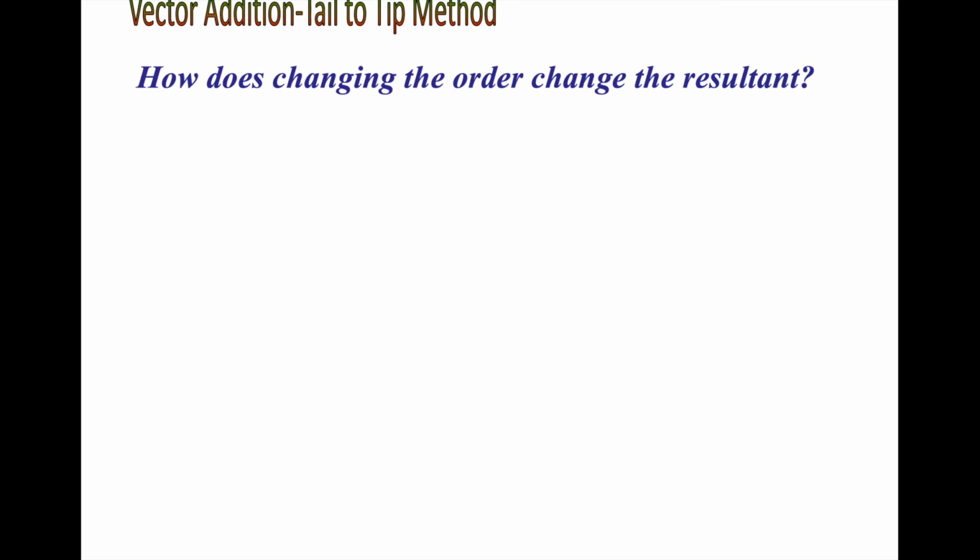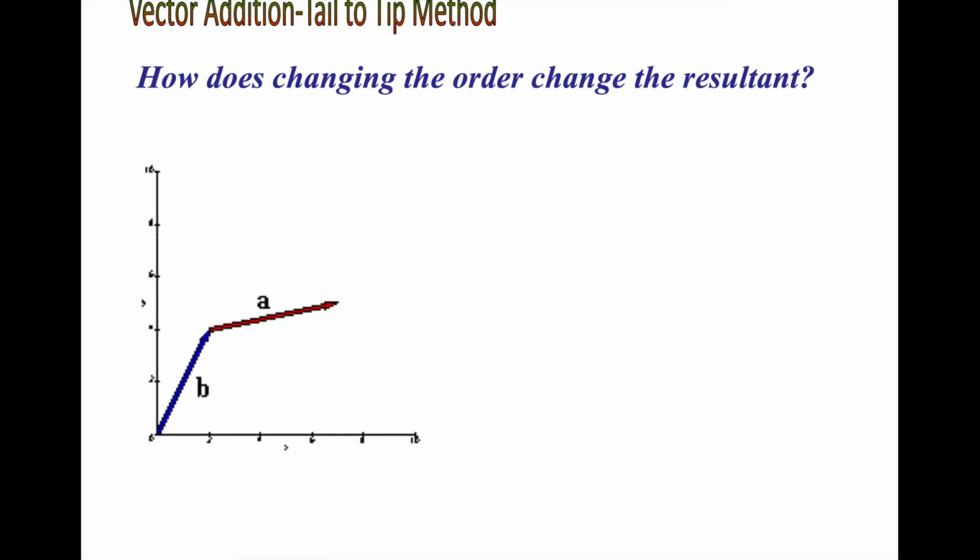Okay, next question. If we do addition, A plus B, will it be similar to B plus A? That's basically what this question is saying. So let's check. Here we start off with vector B followed by vector A, and the green one is the resultant.